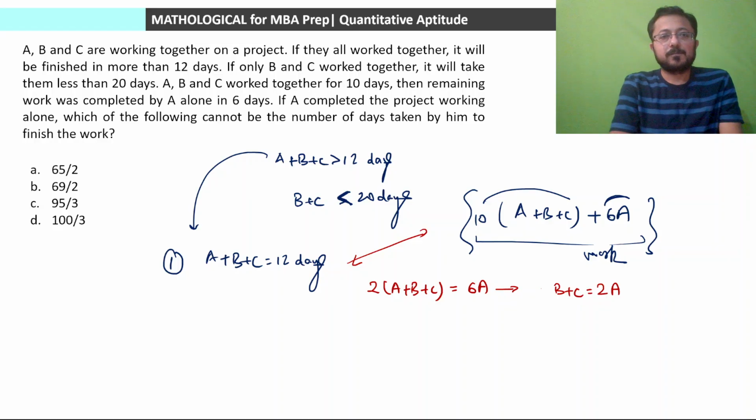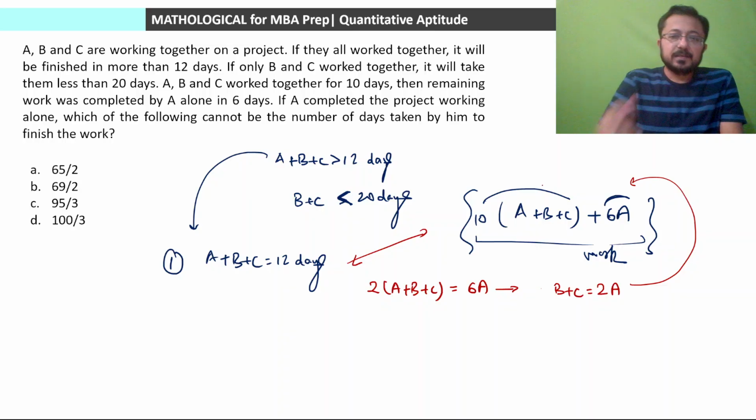Isn't it so? B plus C का work is equal to 2 days का work of A. Okay, and फिर accordingly put this in this equation.